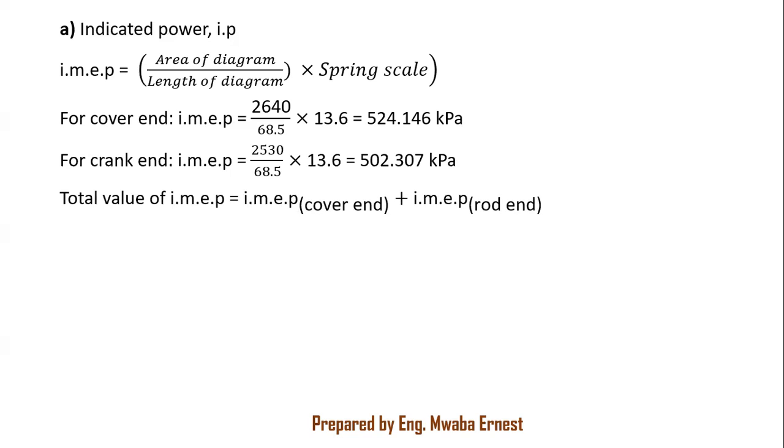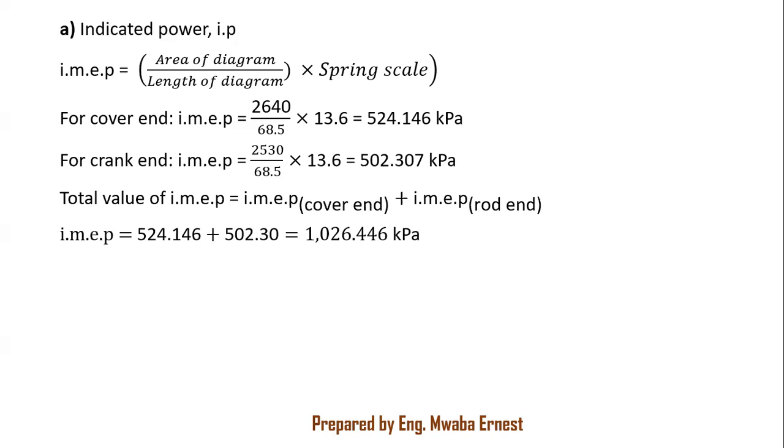Then we have the total value of the IMEP. What are we going to do? We get the IMEP for the cover end and add the IMEP for the rod end. The indicated mean effective pressure that we calculated for the cover end, we add it to the indicated mean effective pressure we got for the rod end. That's all. So the first answer was 524.146 plus our second answer, which was 502.3.